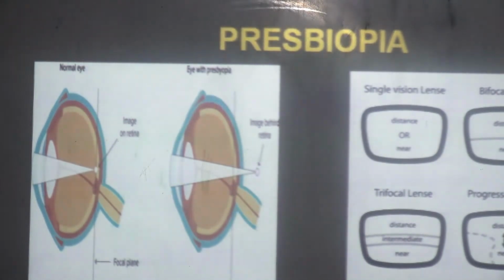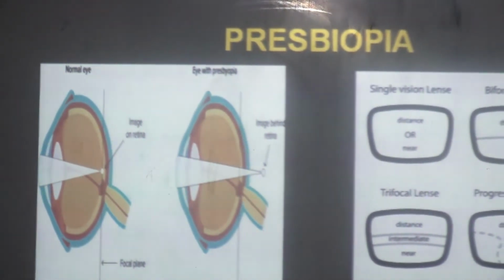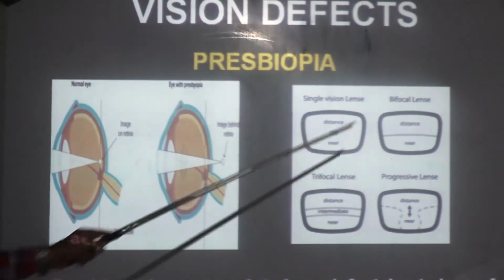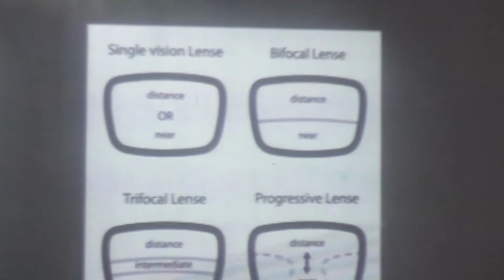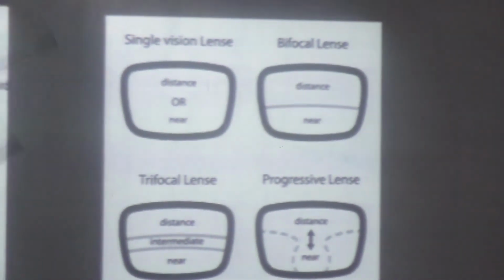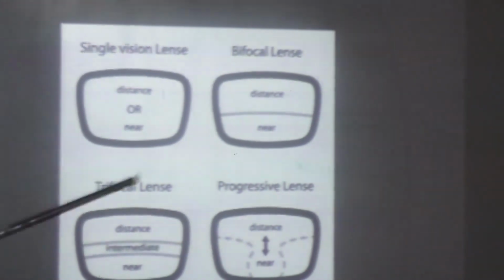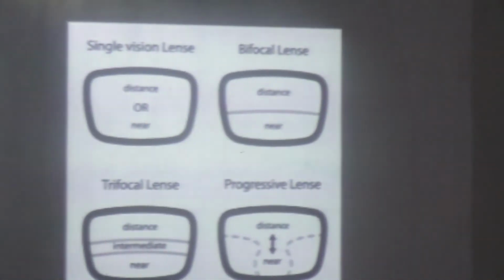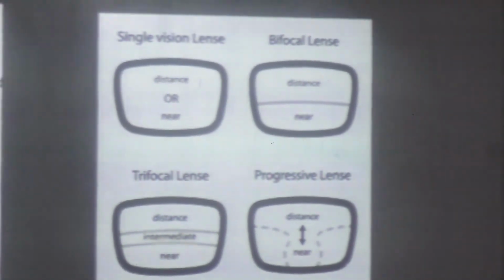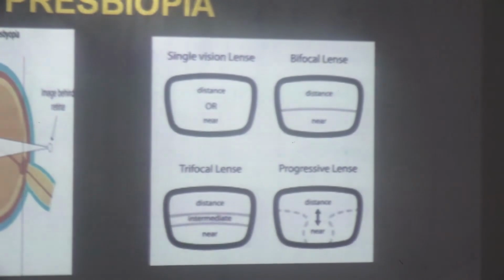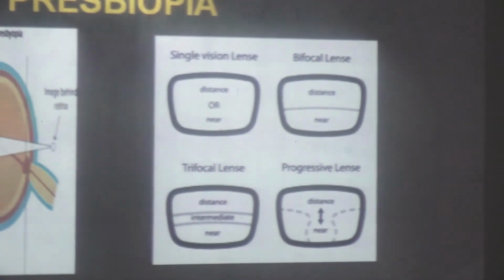For this, we have to use bifocal lenses. That means both concave and convex lenses are used. The concave lens is used to see the nearer objects, and the convex lens is used to see the far. So bifocal lenses are used for this. It is common for all people suffering with presbyopia, and it is an age-related problem.